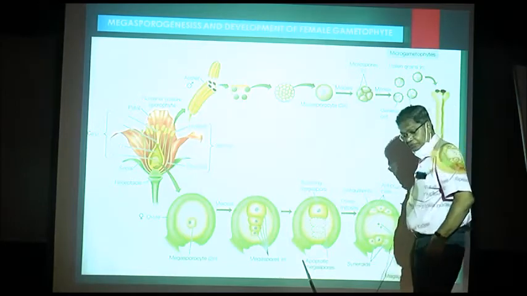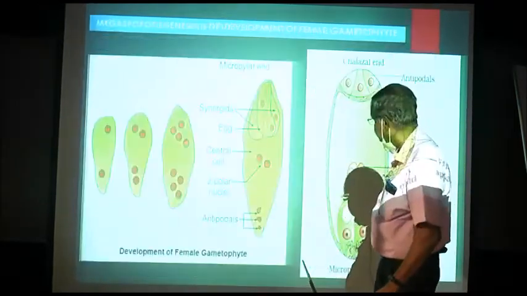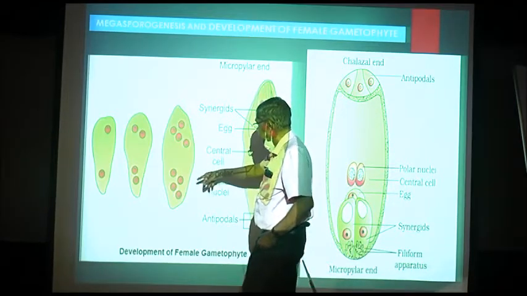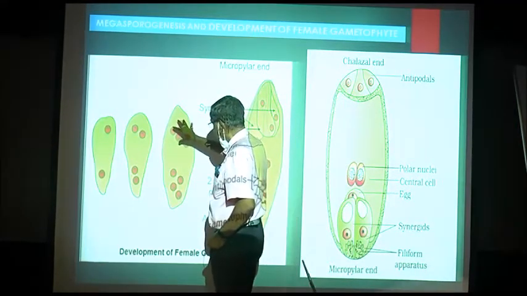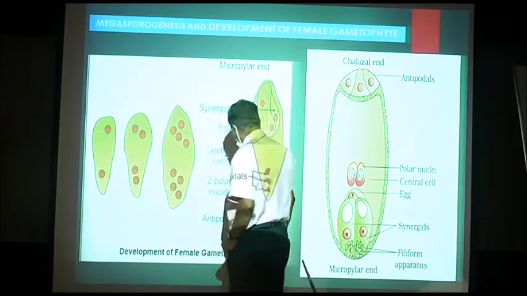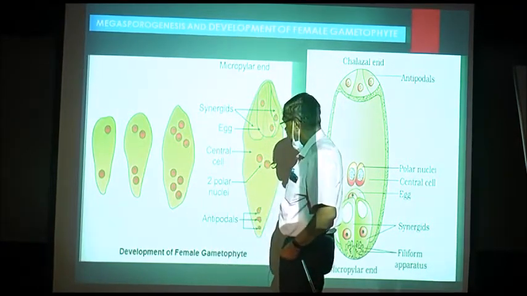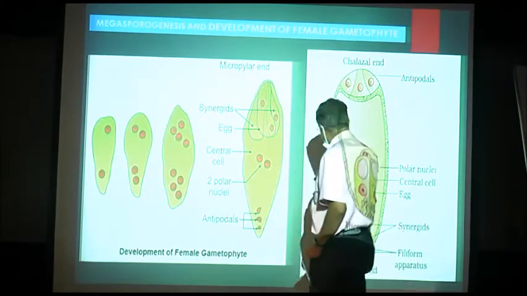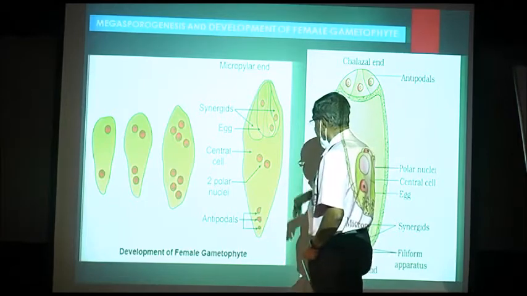Now, in the next slide it is more clear. Of these 8 nuclei, 4 remain at the chalazal end and 4 remain at the micropylar end. Now, it is the reverse here. Here an orthotropous ovule is seen and here an anatropous ovule because it is reverse.